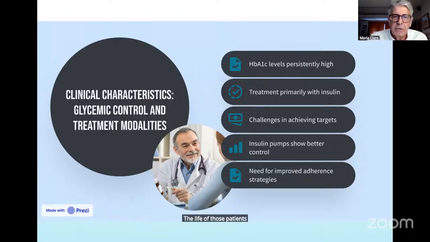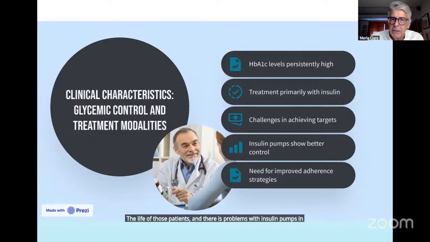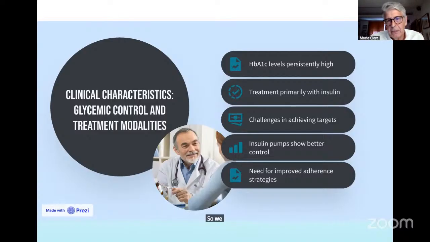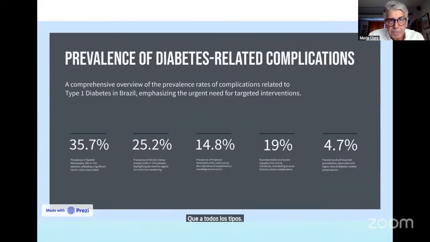And there are problems with the insulin pumps in different sets. So there is a lot of information for the health ministry on how to control and provide better health care to those people.